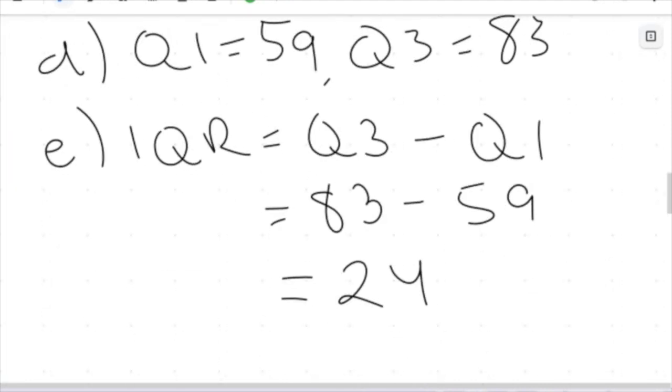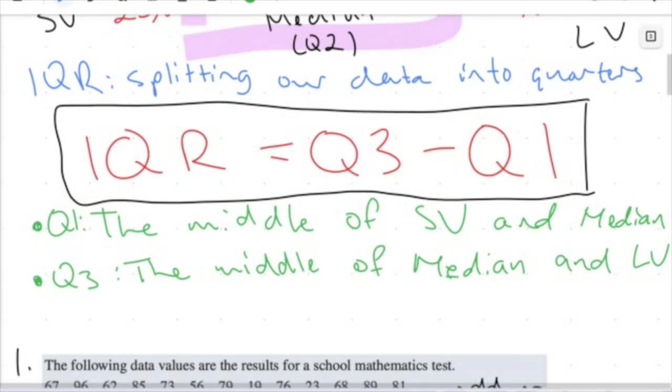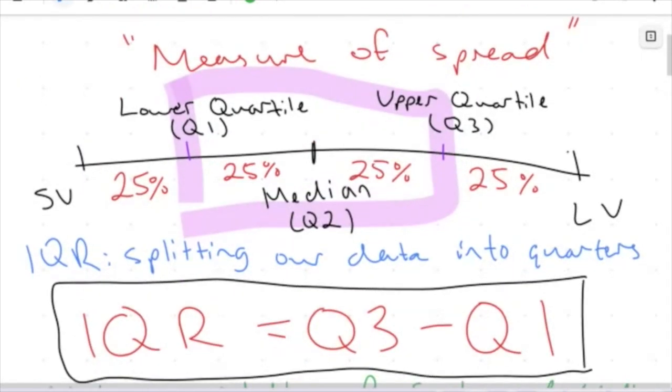So essentially, the interquartile range communicates to us about what's happening in the middle portions of our data. If we go back to this diagram here, we are looking at the spread and difference between the middle of our bottom end and the middle of our upper end.